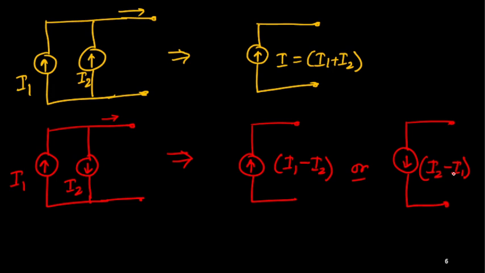Now we'll discuss one simple problem first, to solve using source conversion. Can you try this one? I'll give you one problem. Problem number 1. I have one current source. I have one resistance here.